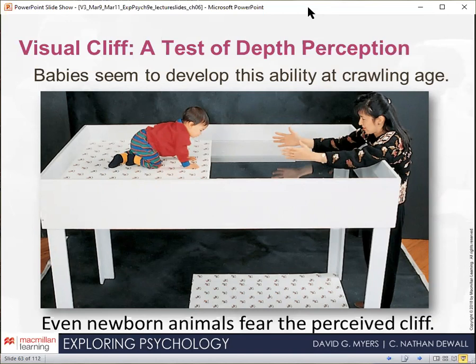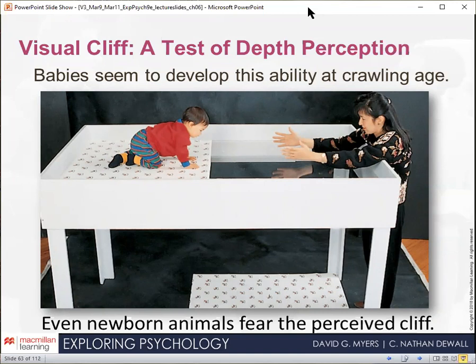Think about it. Usually you start crawling around 8 or 9 or so months, and they're mobile now. And so what we see is, as a safety measure, it would seem, around that same time, we see them develop depth perception as well as a fear of falling.